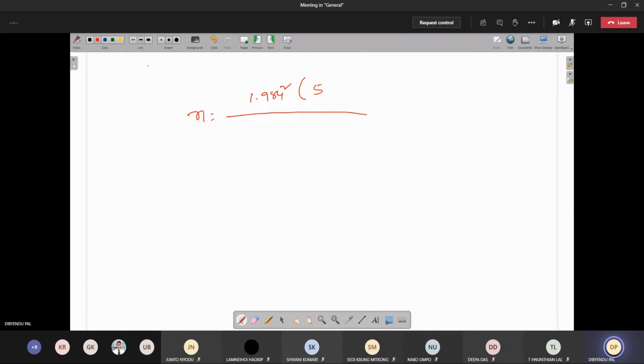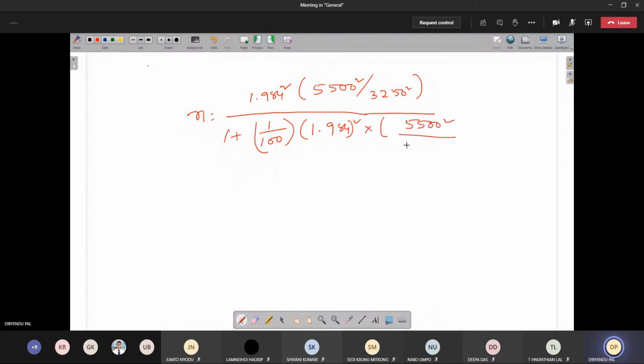The s value we have written is 5,500 square, divided by the d value we have calculated, 3250 square, divided by 1 plus 1 divided by n. 1 divided by n means 1 divided by 100 into 1.984 square into, again, s square by d square, 5,500 square divided by 3250.